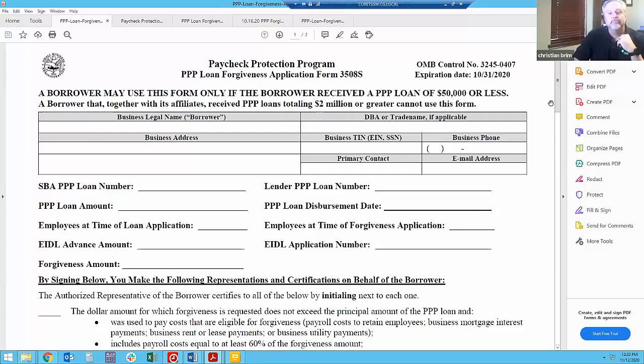I'm thinking the EIDL. Yep. So 6 months. I'd get it in so that they can be working on it before you have to make a payment. And I believe you should check with your bank, but if you have this application in, I don't think they're going to request payment until they have a decision on the forgiveness.